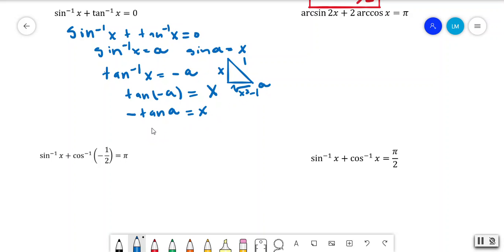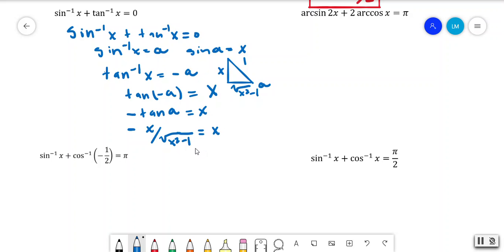Essentially, that means you have tangent of a equal to x over the square root of x squared minus 1. So that's going to be negative x divided by the square root of x squared minus 1, and this equals x.